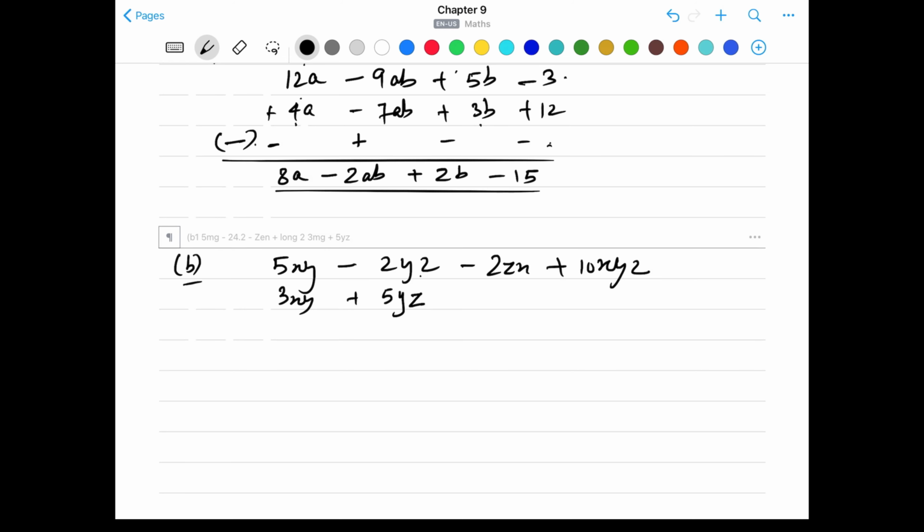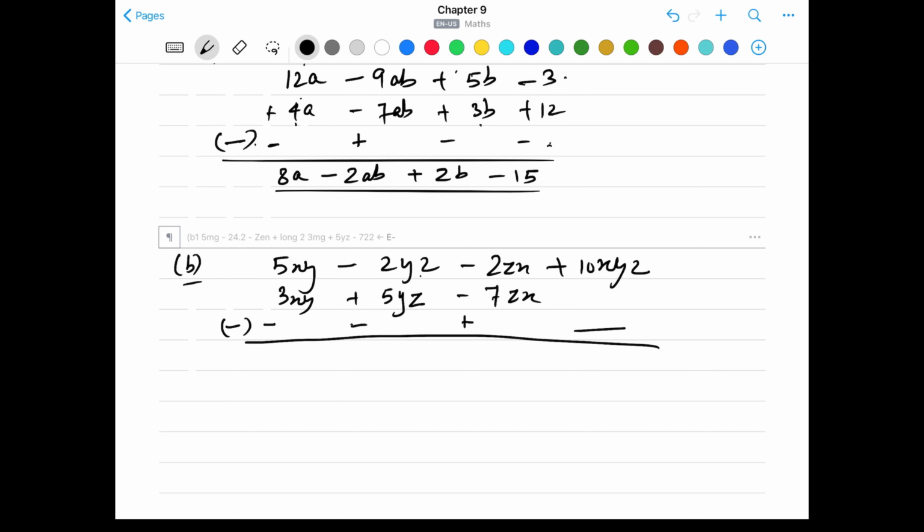Then we have minus 7zx, that will be written here, and we don't have an xyz term here. So now by putting the minus sign here, we'll reverse the sign of all the terms. This plus will be changed to minus, this minus will be plus, this will become minus, and this plus will become minus. Okay, we don't have any term here, so we'll leave this as it is.